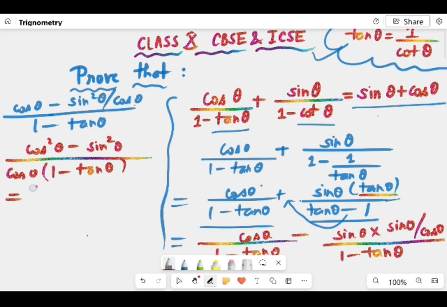Now this can be written, using the a square minus b square formula, as cos theta plus sine theta, cos theta minus sine theta.